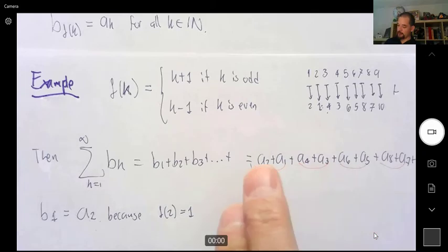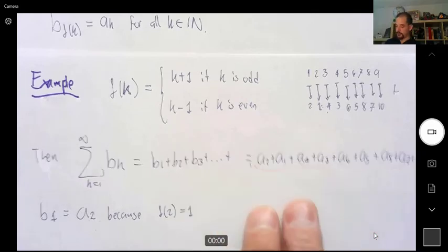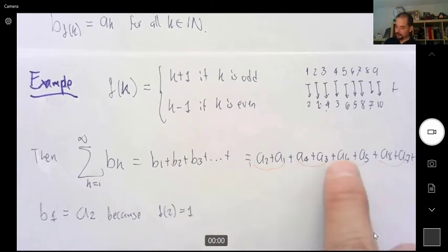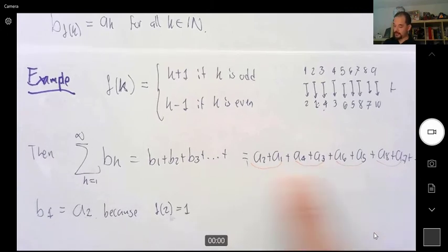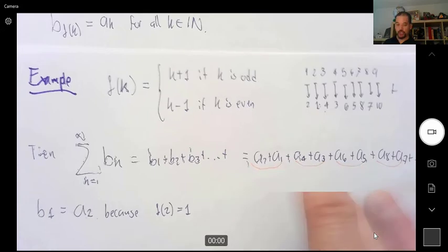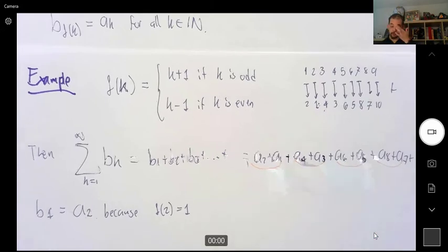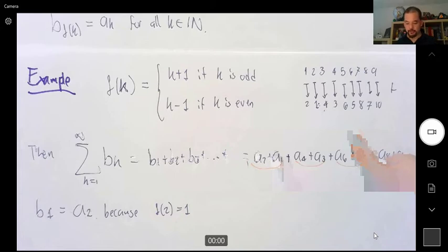Before it was first 1 and then 2, and I flipped them. And then it was first 3 and then 4, and I flipped them. That's all I did. So it's a rearranging. It's the same numbers, I just changed the order. And I didn't change it a lot with this example, just a little bit so you could appreciate where the function comes in.